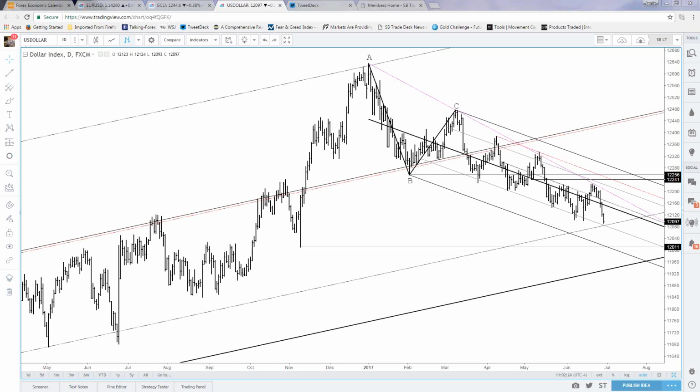As I wrote last night in the update, I think that this big breakout in the euro is actually going to deceive a lot of people, in the sense that you'll get a lot of people chasing the euro higher. However, they're going to miss the boat on things like the Australian dollar, Canadian dollar, which is already in full-on kind of crash mode, dollar CAD, and even the pound, right?